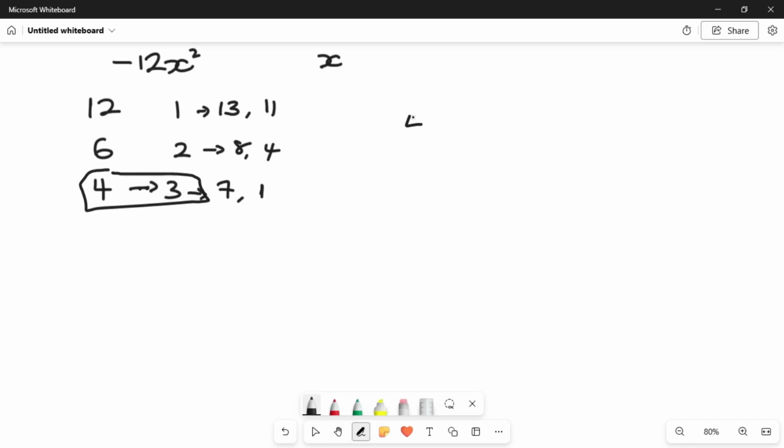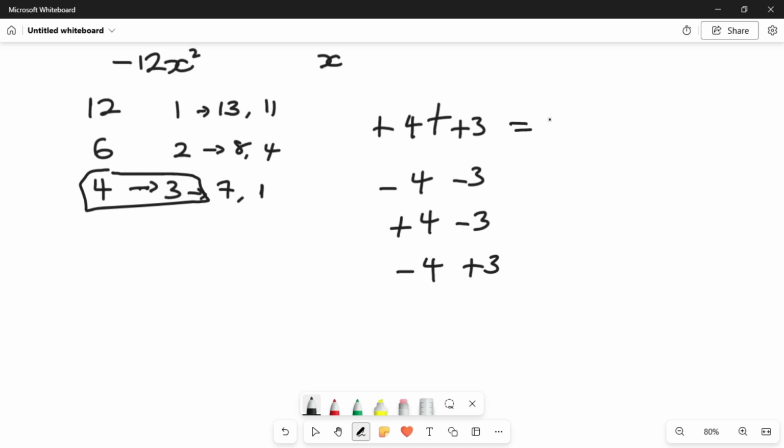So write this in 4 places. The first one could be positive, positive; it could be negative, negative; positive, negative; then negative, positive. So if you add this, we are having 7. If you add minus 4 plus minus 3, we are having minus 7.